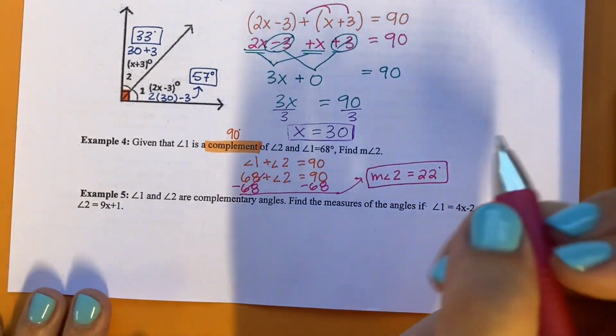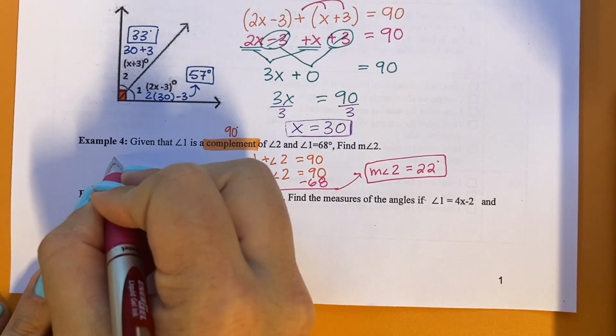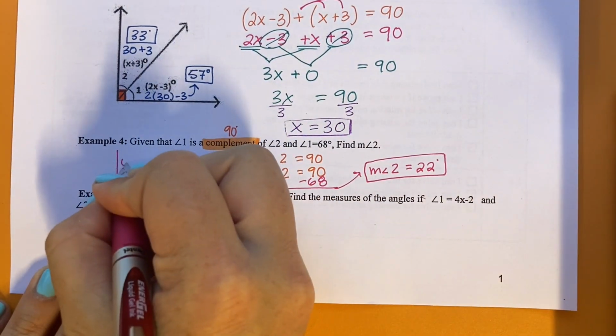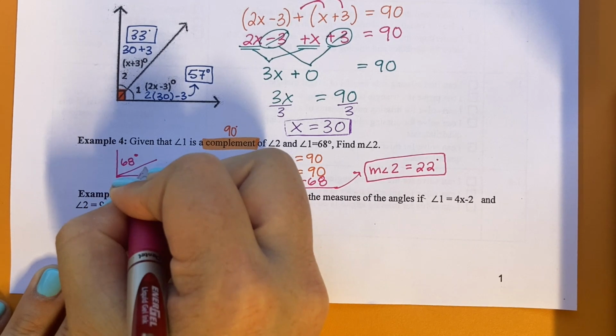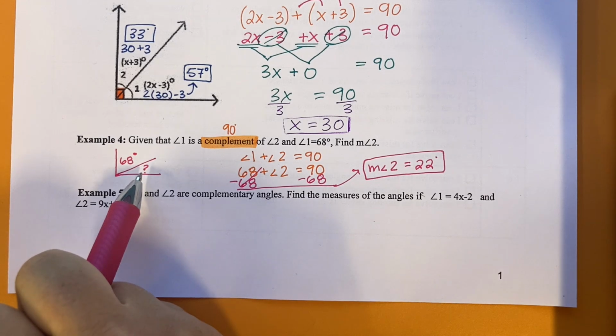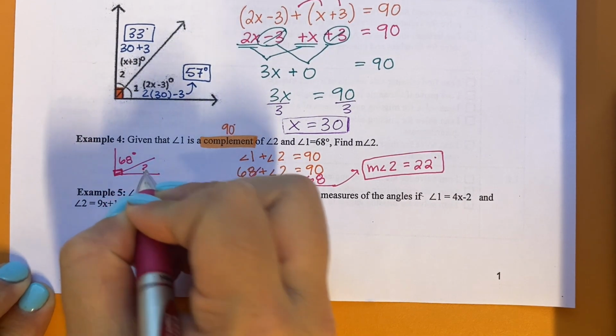If you want, you may also draw a picture. When you see the complement, you can draw a picture and write the 68 degrees and then put a little question mark or an X. And you're basically just trying to find that missing angle.